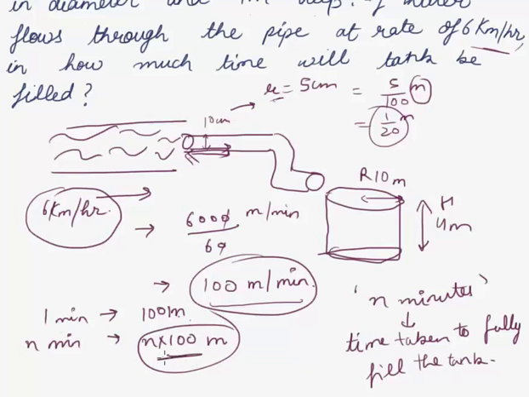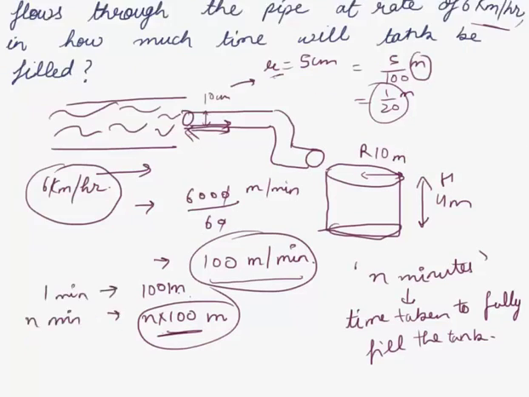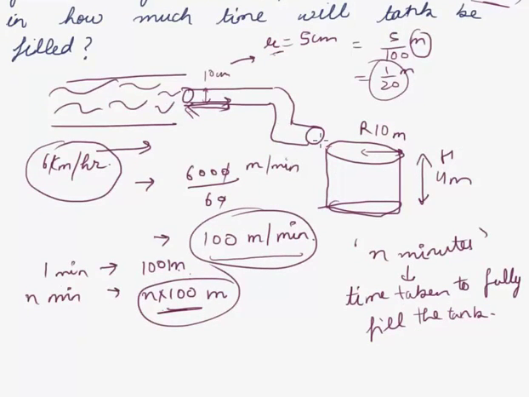Now in meters we have come to know the length of this pipe, that is, the length of the pipe which is being utilized in n minutes to have enough water to fully fill this tank.